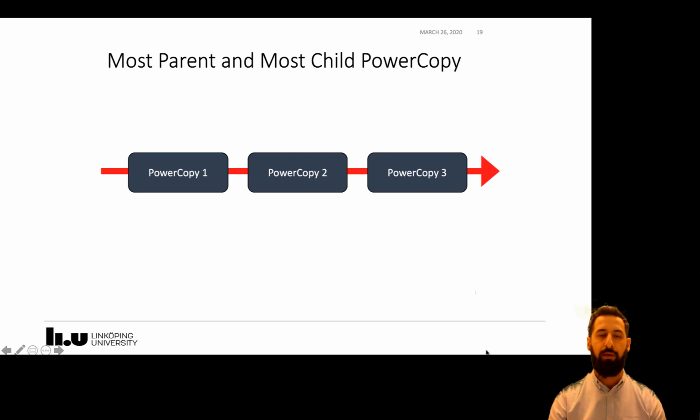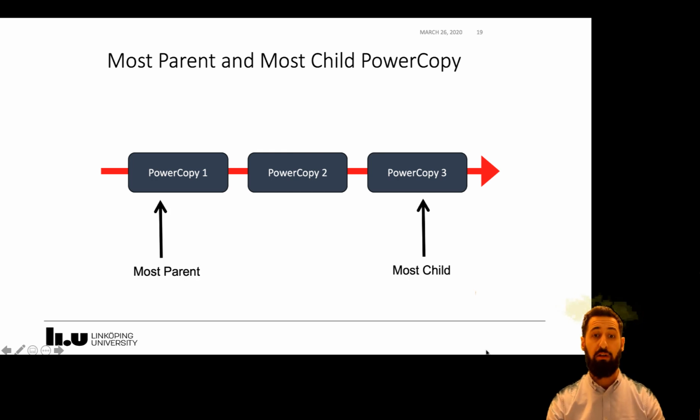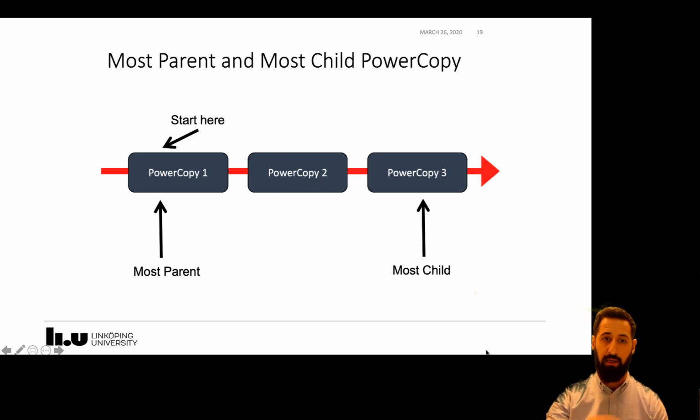Usually when you're working with power copies and they are instantiated within context, more often they are instantiated upon each other as well. So power copy 1 is instantiated, and upon that power copy 2 is instantiated, and then power copy 3 is instantiated on power copy 2. So power copy 1 becomes most parent and power copy 3 becomes most child.